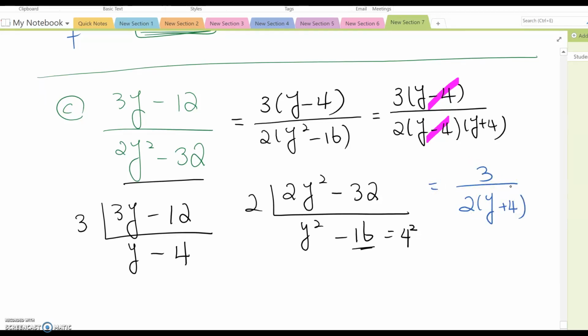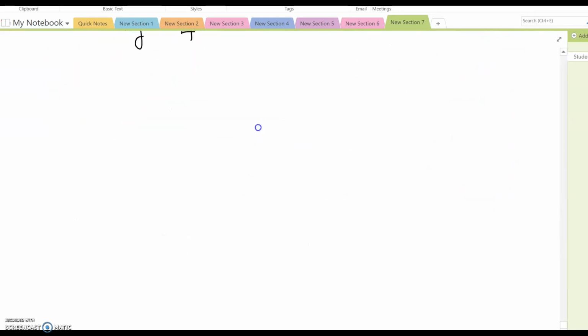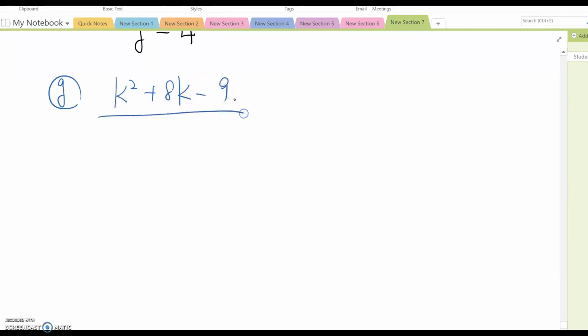Okay? So let's do just one more question. What about this? k squared plus 8k minus 9 over k squared minus 5k plus 4. The numerator and denominator are both trinomials, so you have to factor them as well.